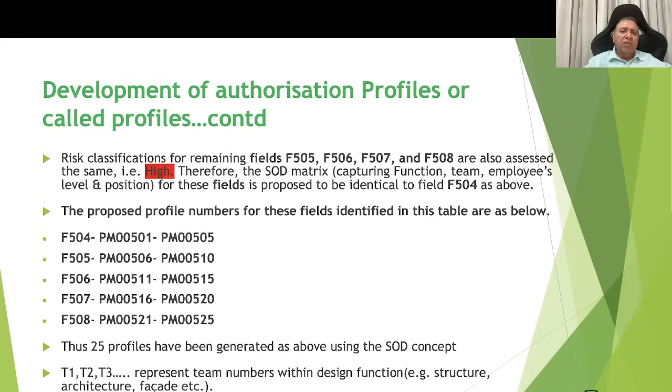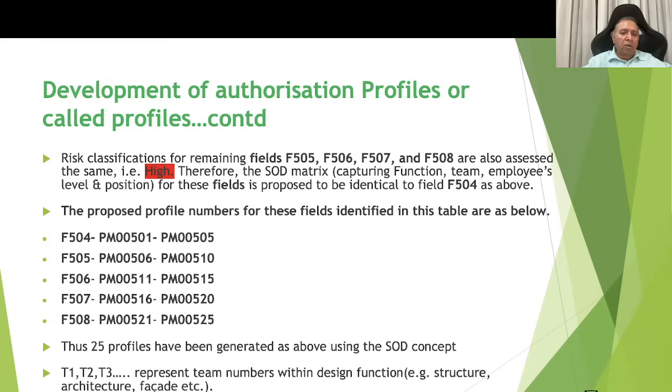I have proposed the profile numbers as PM 501 to PM 505 for the first field F504, and for the second field PM 00506 to PM 00510, and so on.